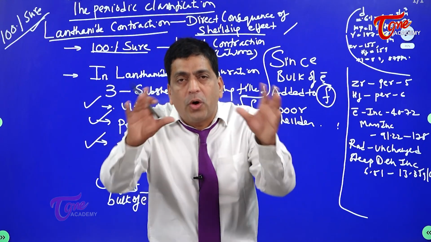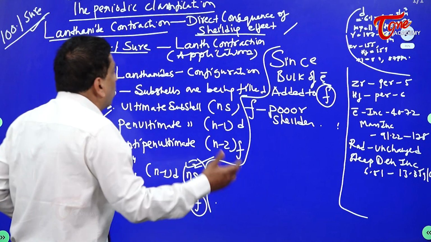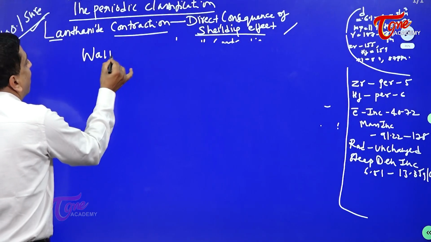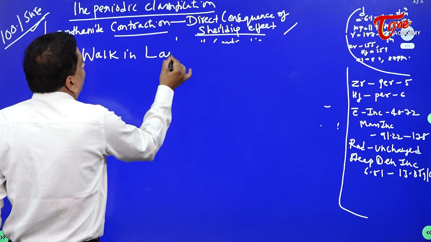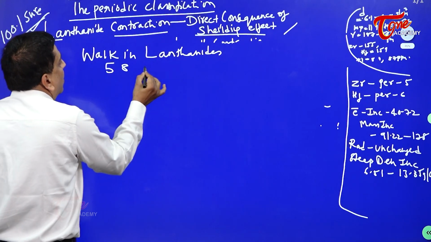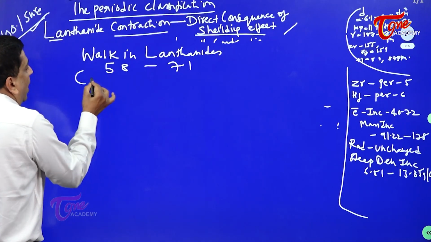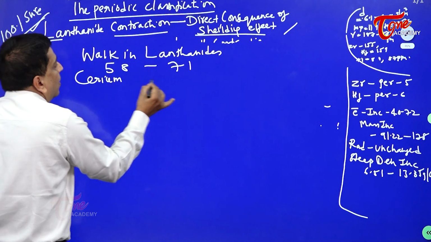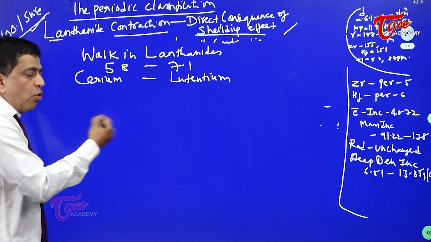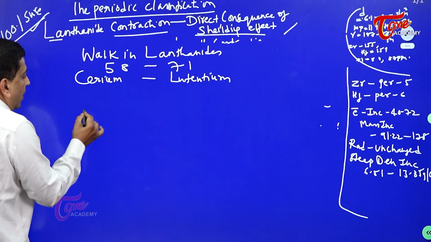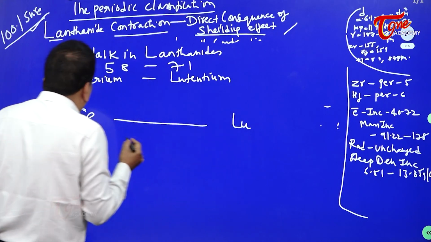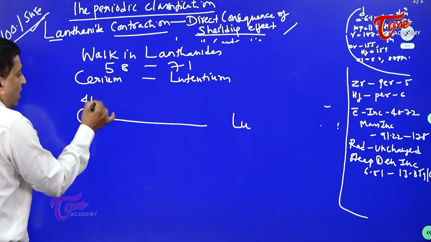If I draw a pictorial representation of it for a better understanding, it looks like this. Watch carefully here. Walk in lanthanides, that is 58 to 71, from cerium to lutetium. You walk in them, left to right. This is cerium and this is lutetium, and here it is 4F1 which is filled.